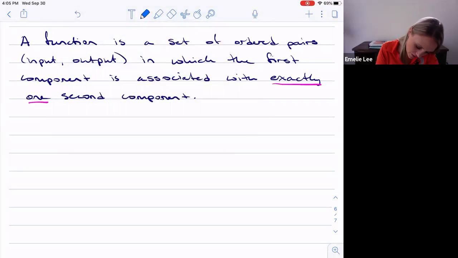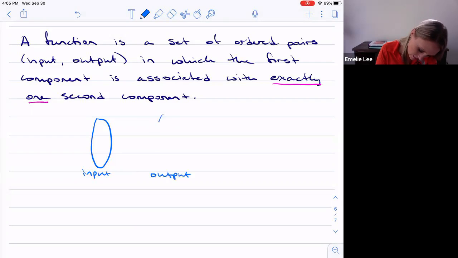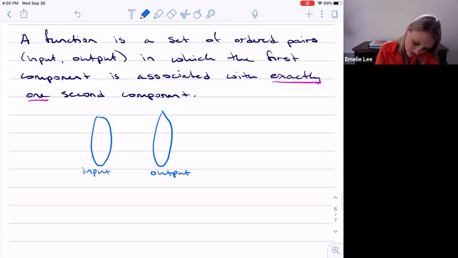Typically we go from an input to an output, which means that I can have an input here, and it can go to one output here.